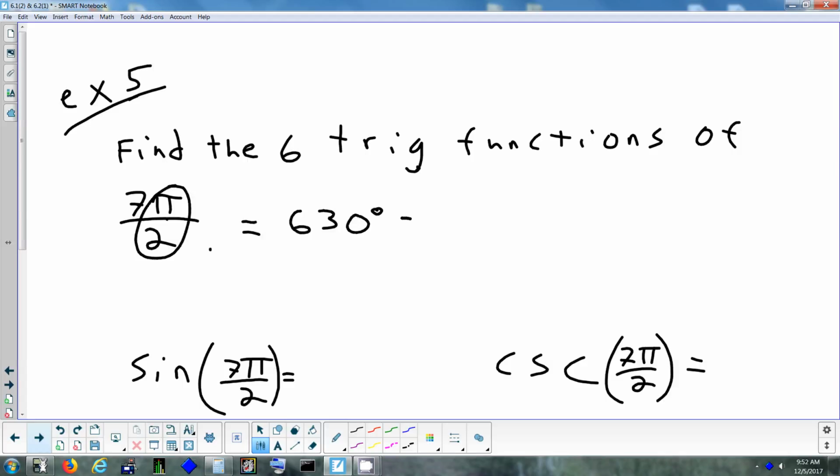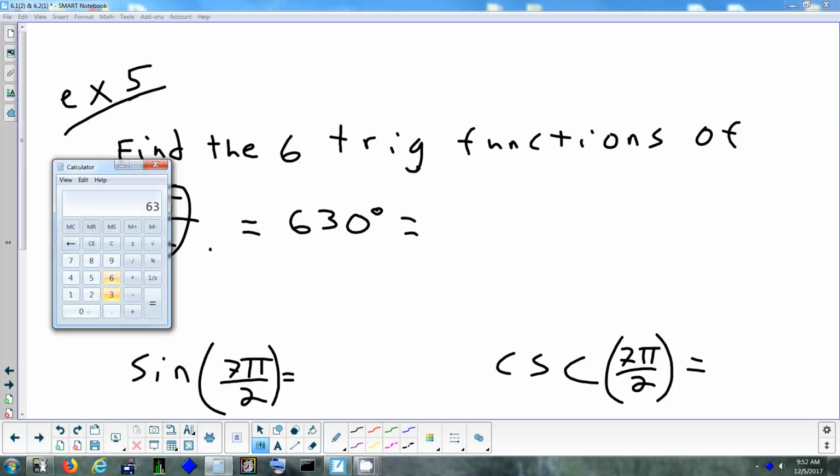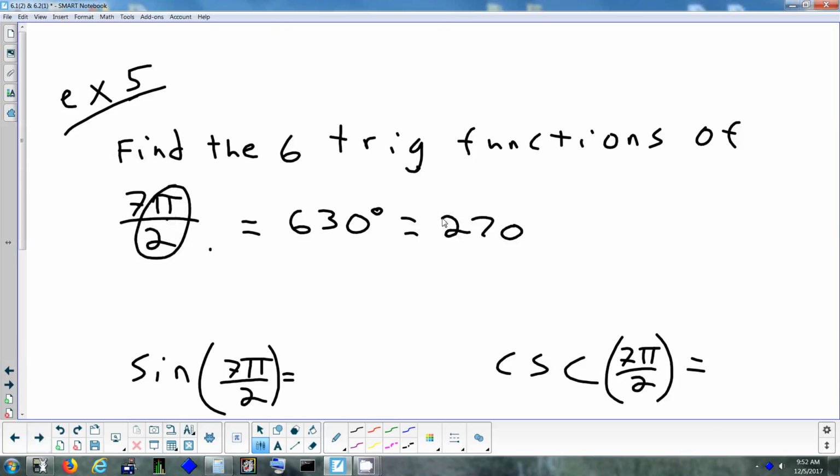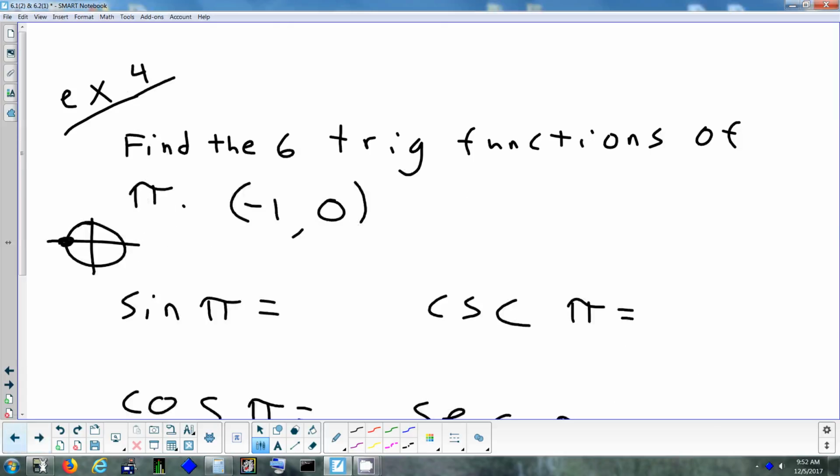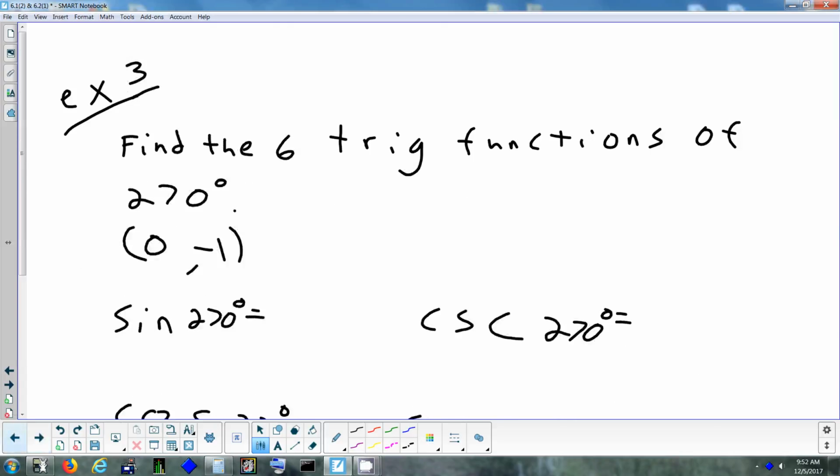Now that's an angle that's too big. We talked about how to make it smaller. How can you make a bigger angle smaller? Or the fancy way is, give me an angle that's coterminal with that, but less than 360. Subtract 360. So 630 minus 360 is a 270 degree angle.